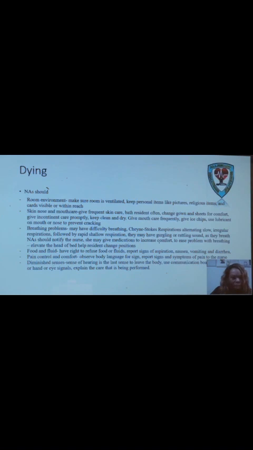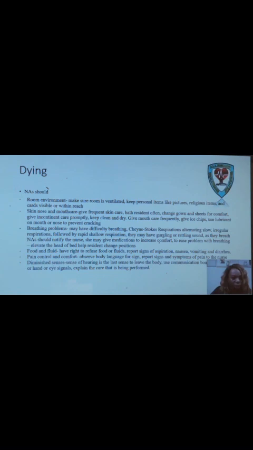Their senses begin to diminish as they expire or begin to die. And so remember that hearing is the last sense to leave the body. So when you are communicating with the resident, you want to make sure that you maintain respect and dignity with the resident, while they're alive and even after they have passed.